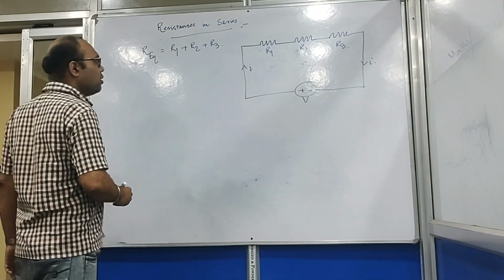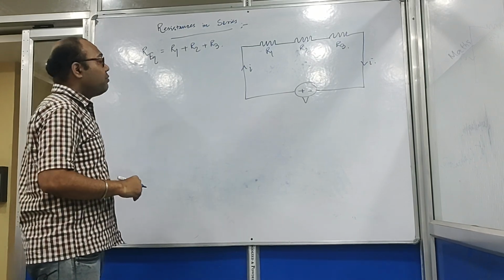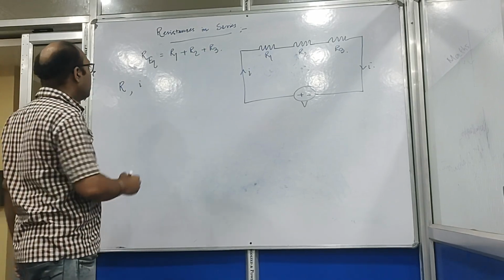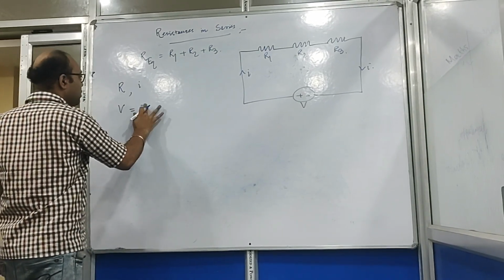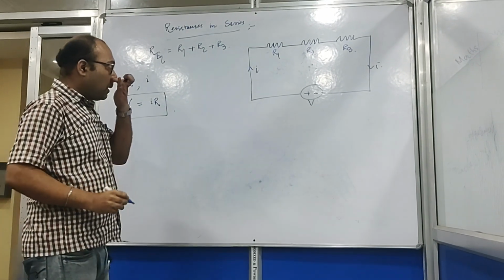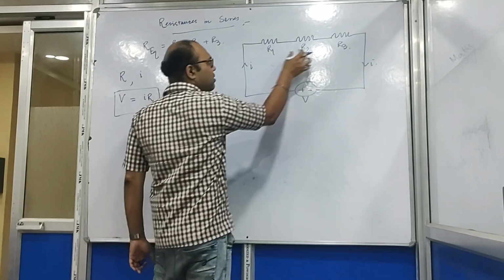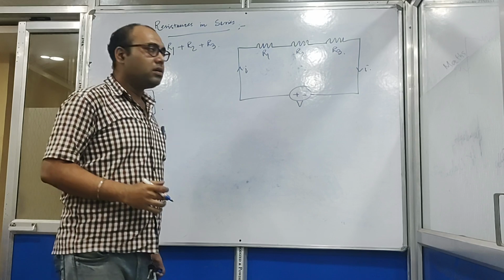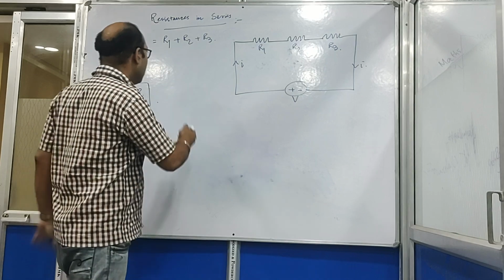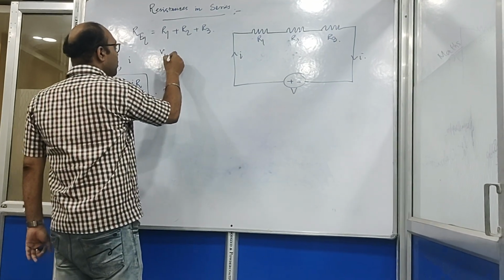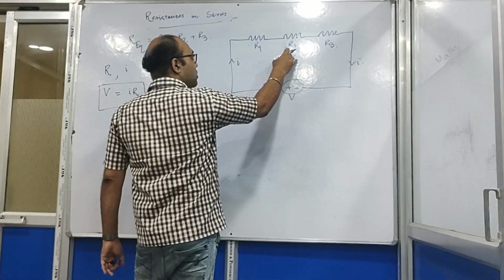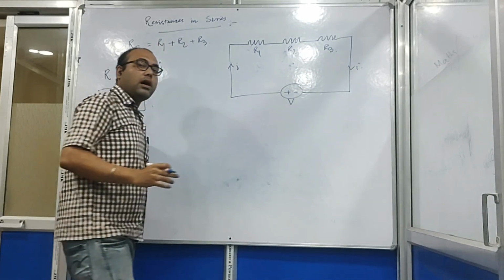Now, as per Ohm's law, if I consider the total resistance of the circuit as R, and I is the total current flowing in the circuit, then from Ohm's law we get V equal to I into R. But since across each series resistance there is a separation of voltage, let us consider V1 across resistance R1, V2 across R2 and V3 across R3.